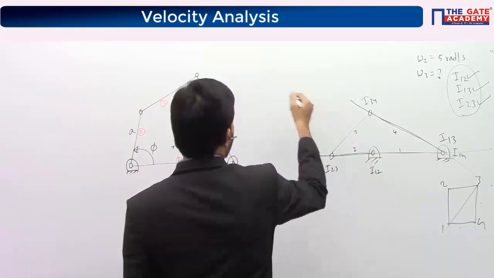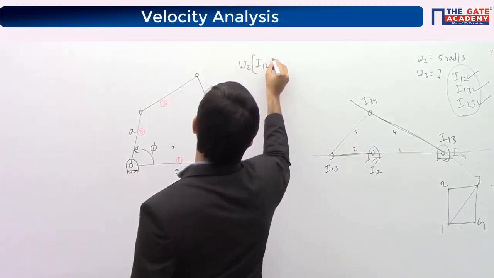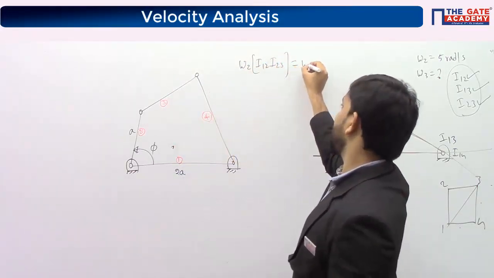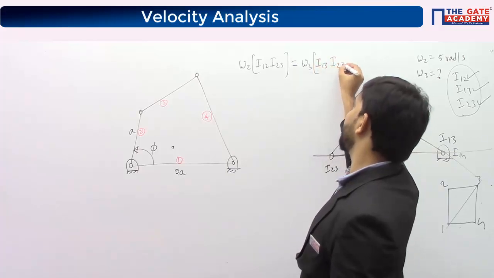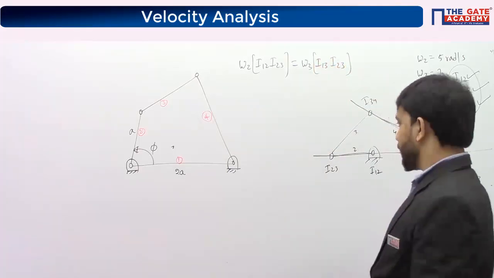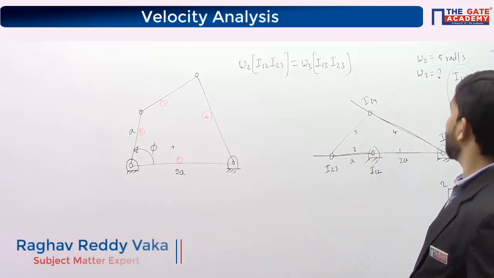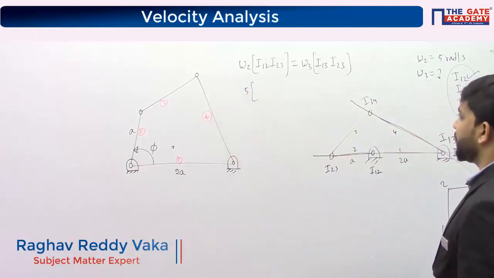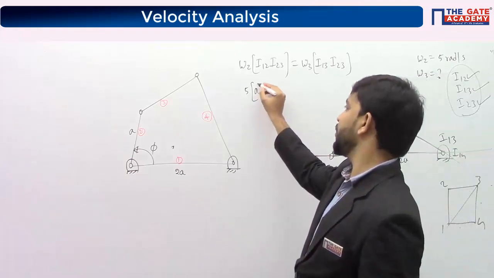So once you know the location of I13, we can write the angular velocity ratio theorem. It's omega 2 for I12, and for 2 and 3, it's I23. The common I center is I23. Omega 3, so distance between I13 and the common I center. We know this distance, this is 2a units and this is a units. Omega 2 is given in the question as 5 radian per second. Distance between 1, 2 and 2, 3 is a units.